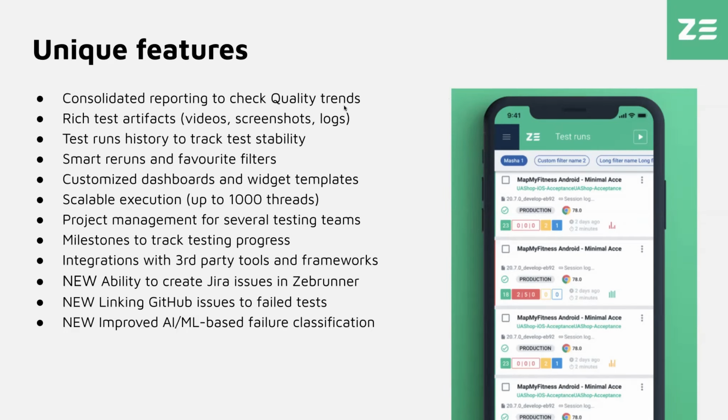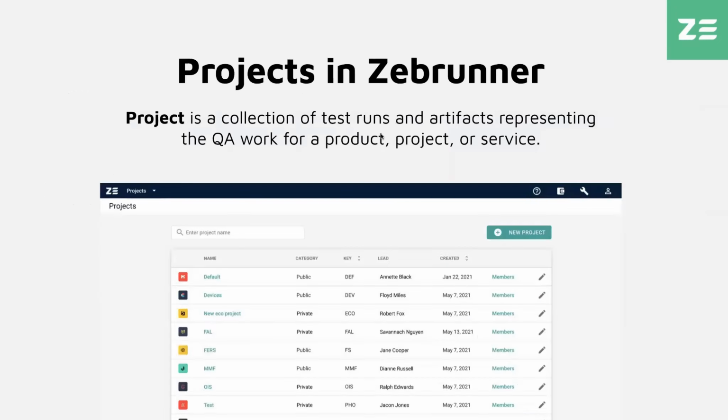So yeah, let's go. What I wanted to tell you about is, I already mentioned the project. So what is the project? It's actually important, as I told you that Zebrunner is a project scope solution. So all that you'll see next inside the product is connected with project.